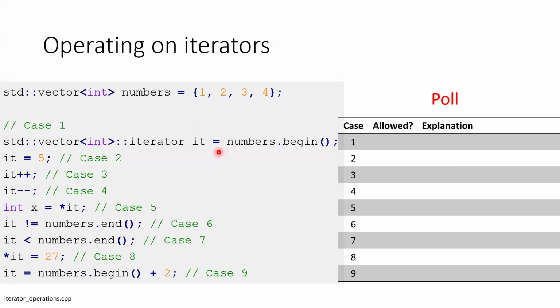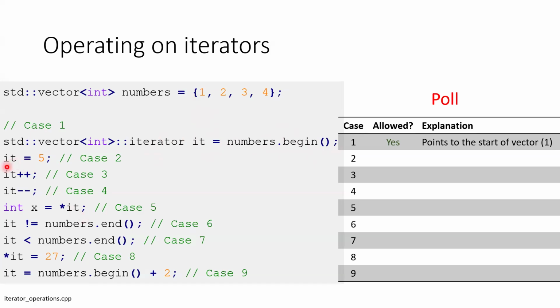Let's do a show of hands. Who thinks this is not allowed? So the first one is allowed. We will save the iterator it as numbers.begin, the first element, pointing to 1.